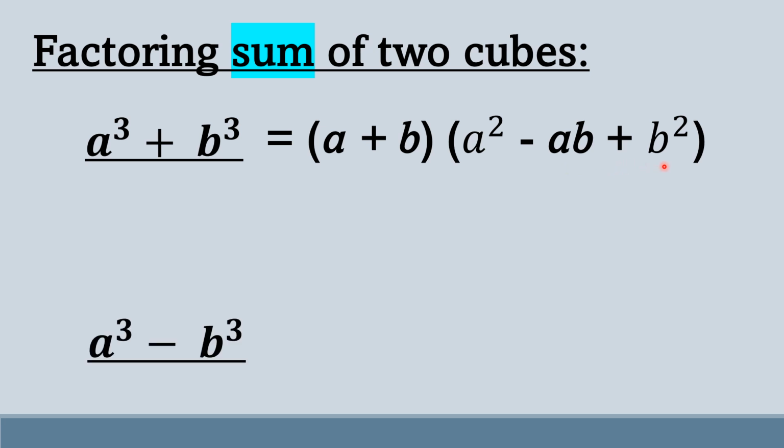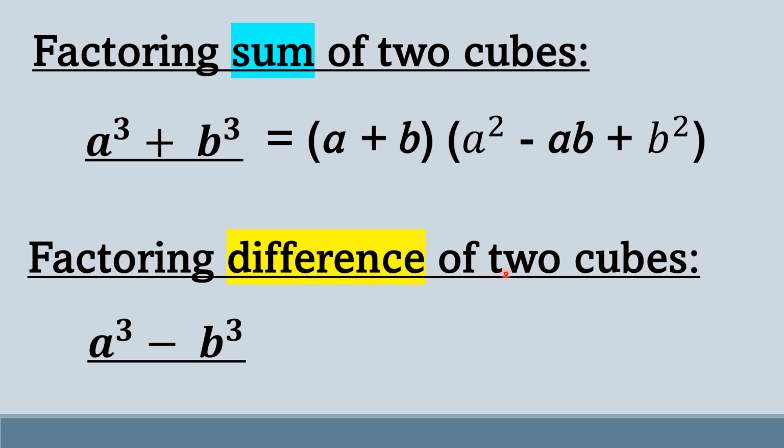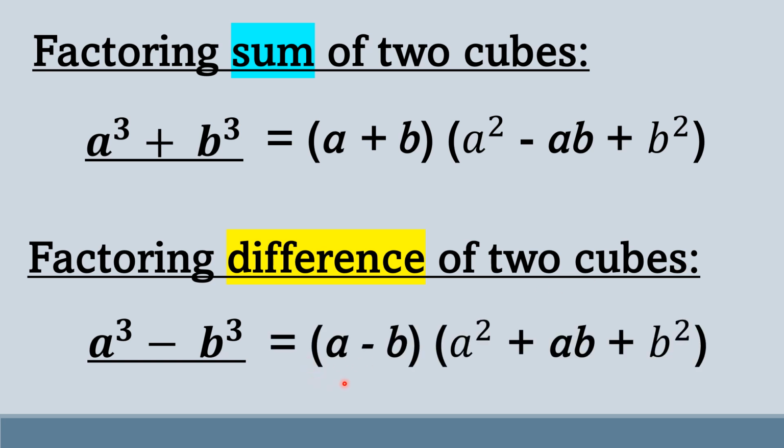And if our polynomial has a pattern like A cubed minus B cubed, that is a difference of two cubes. Its factors follow the pattern quantity of A minus B times the quantity of A squared plus AB plus B squared.